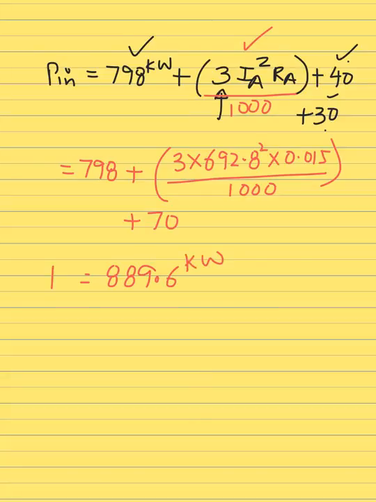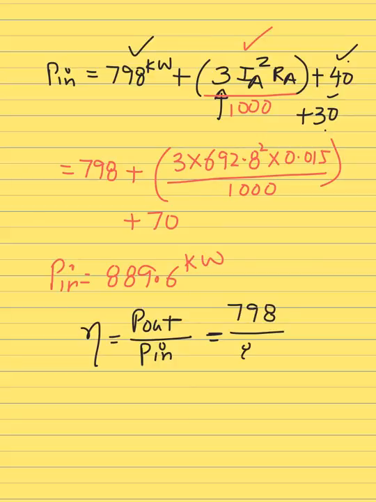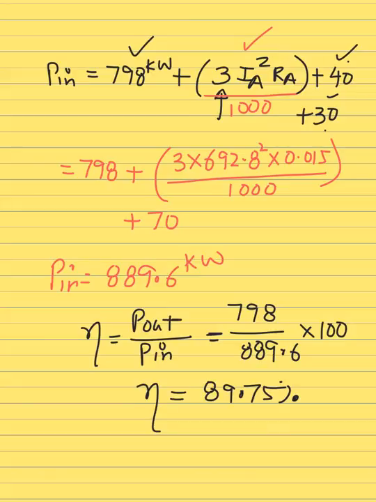And the efficiency will be calculated as the ratio of the output power to input power, in percent, of course, multiplied by 100. So output power was 798 divided by 889 multiplied by 100, so that gives you an efficiency of 89.75%. That was part C.